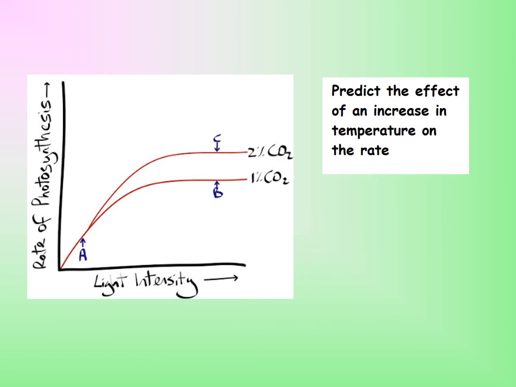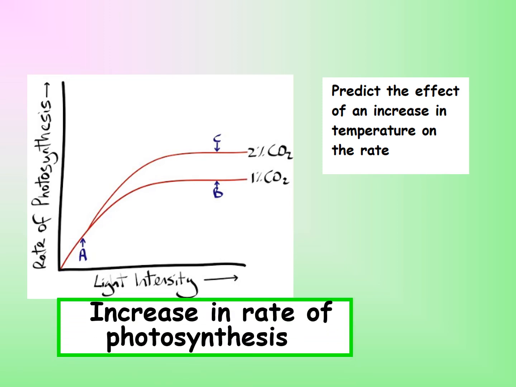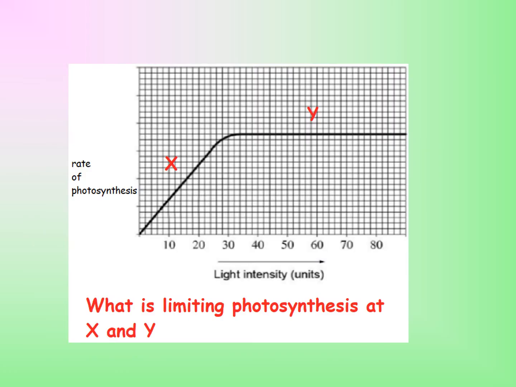Okay, here we're going to predict the effect of an increase in temperature on the rate of photosynthesis. So we know that CO2, water, light and temperature increase photosynthesis. So an increase in temperature would increase photosynthesis.